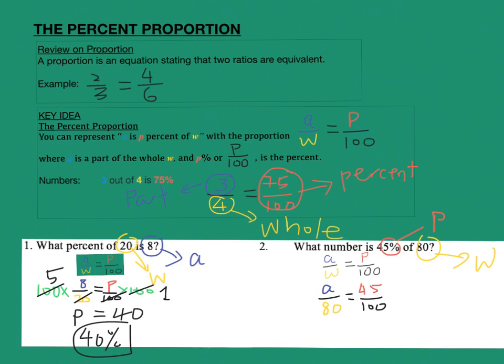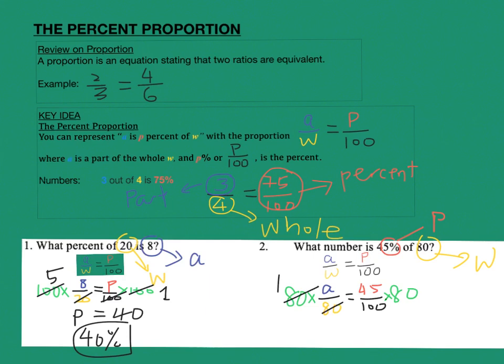Next is to solve for A, and A is divided by 80, so we will apply the multiplication property of equality to solve for A. The inverse operation of division is multiplication. So we are multiplying both sides of the equation by 80. And now you will simplify both sides of the equation. 80 divided by 80, you get 1.